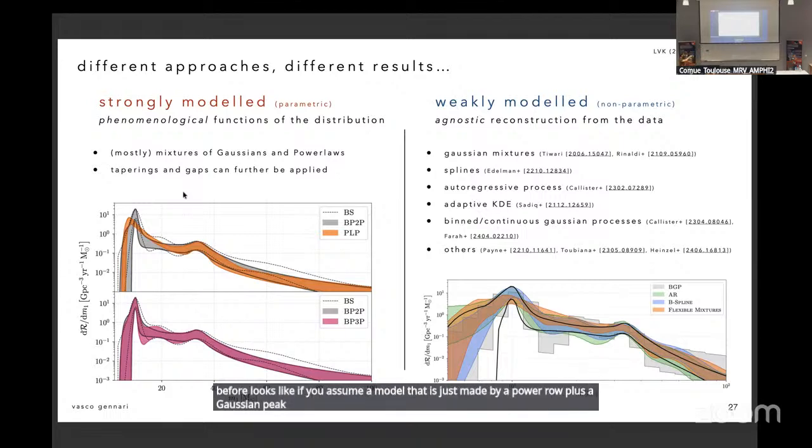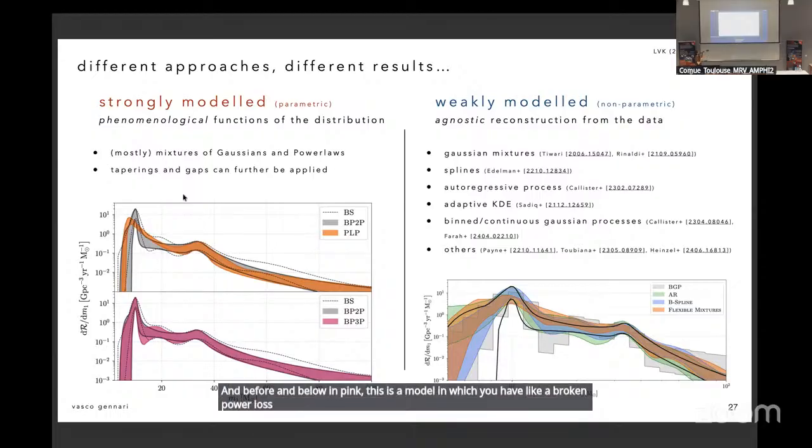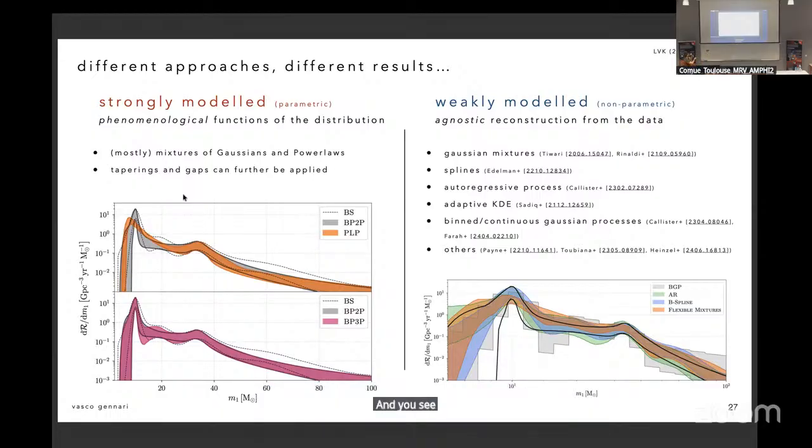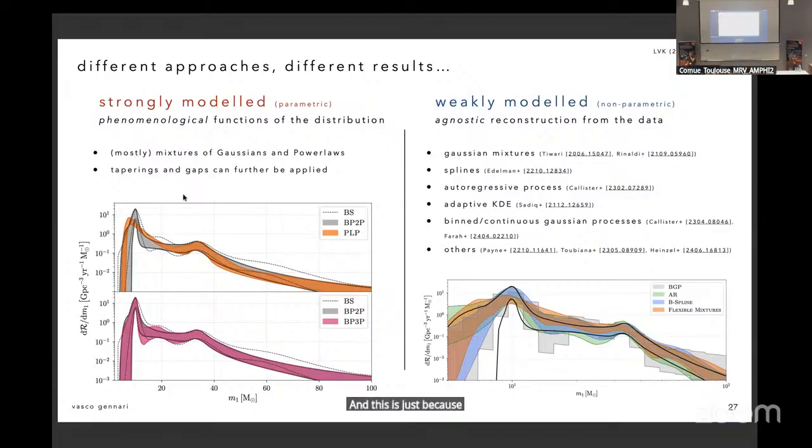And below in pink, this is a model in which you have a broken power law, so 2 power laws, plus 3 Gaussian peaks. And you see how the distribution changes, to the point that in some places the reconstruction can even be statistically inconsistent. And this is just because you made different assumptions.